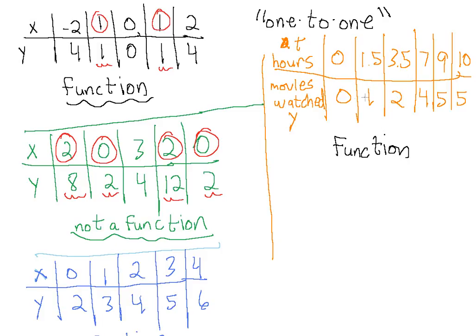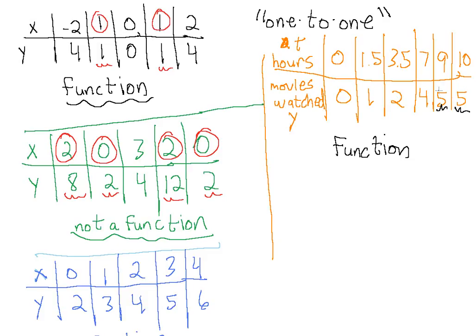Now if you noticed, over here we have two particular instances where we have a value of 5 for our output, or we have 5 movies watched. And that's okay, because in 9 hours we watched 5 movies, and after 10 hours we watched 5 movies. So maybe we took a break between the 9th hour and the 10th hour.